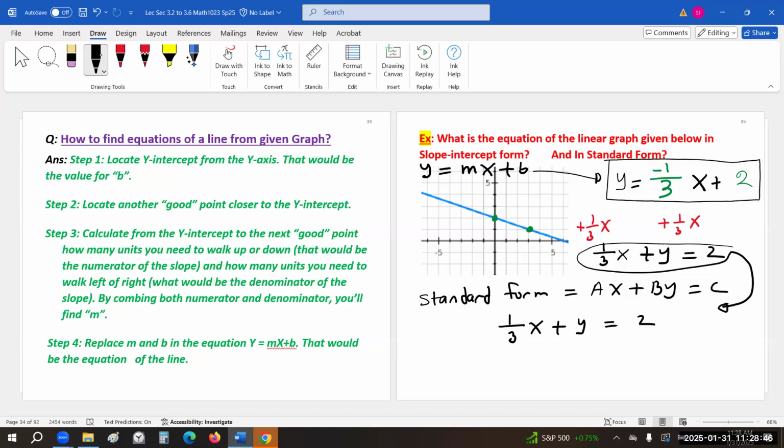If you don't want to see any denominator, what can you do? In order to get rid of that, you have to multiply by 3. Good. So we are going to multiply by 3. But math is fair. Math says, hey, you cannot only multiply the x term by 3. If you multiply the x term by 3, you also have to do what? Multiply everything else by 3.